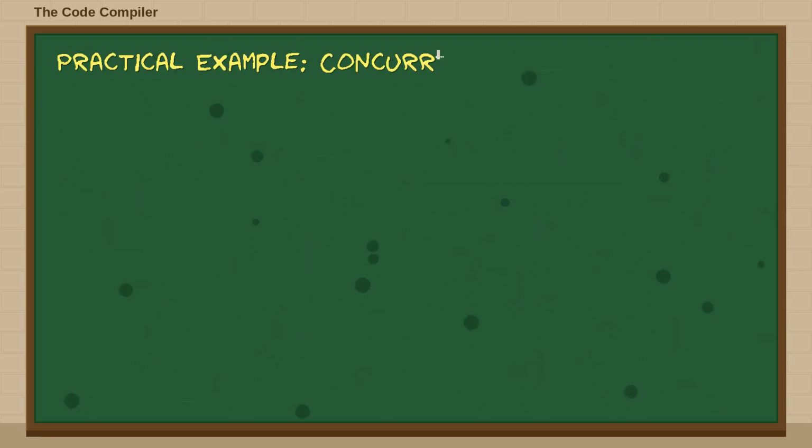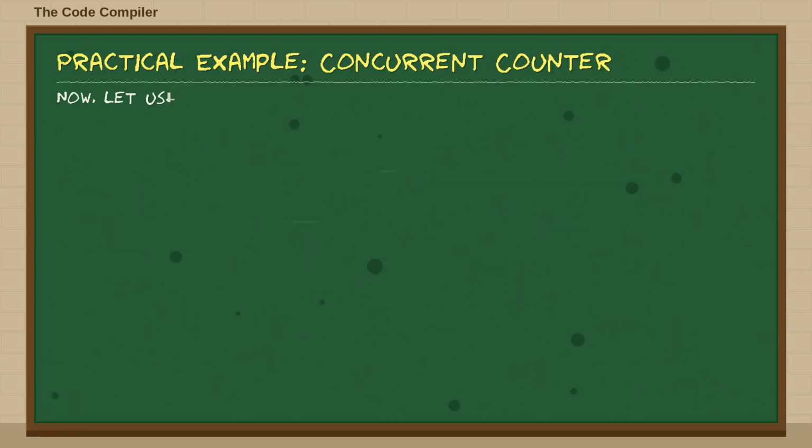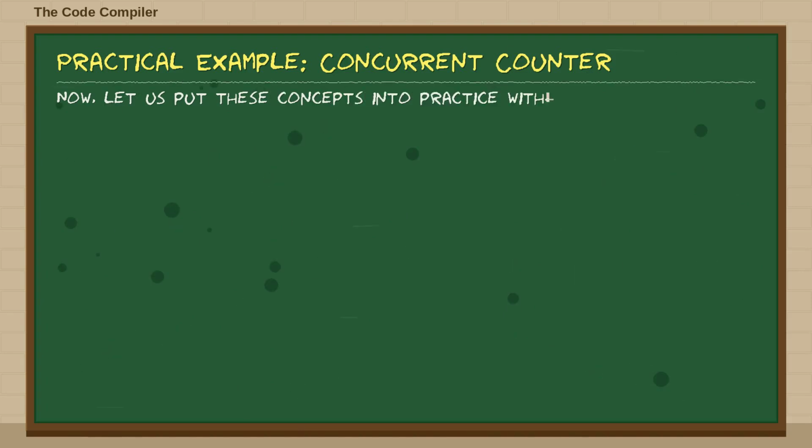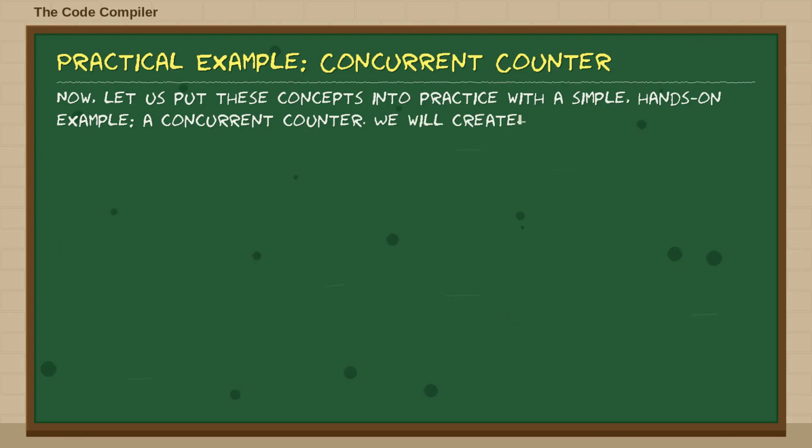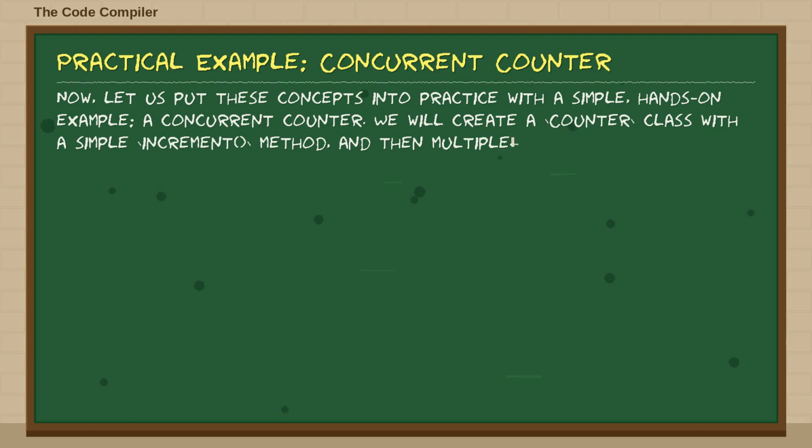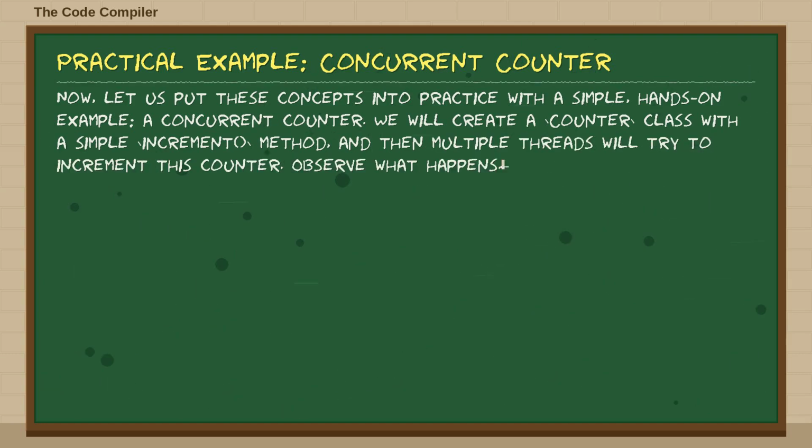Now, let us put these concepts into practice with a simple, hands-on example, a concurrent counter. We will create a Counter class with a simple increment method, and then multiple threads will try to increment this counter. Observe what happens.